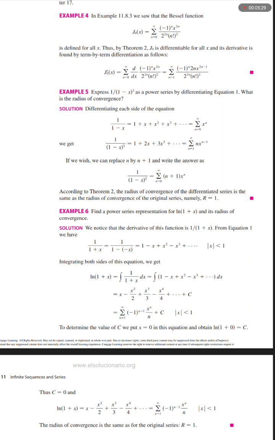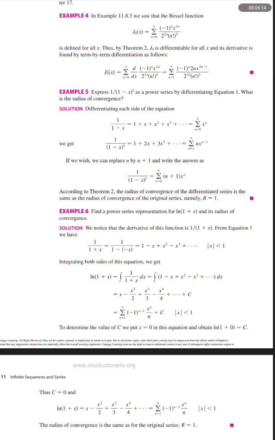To determine the value of C, we put x equals 0 in this equation and obtain the natural log of (1 plus 0) equals C. Thus C equals 0, and the natural log of (1 plus x) equals x minus x squared over 2 plus x cubed over 3 minus x to the fourth over 4 plus ellipsis equals the sum from n equals 1 to infinity of (-1)^(n-1) times x^n over n, the absolute value of x less than 1.